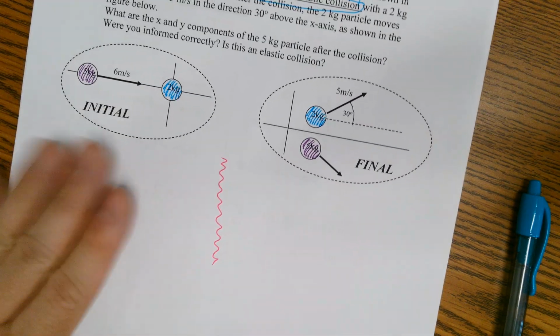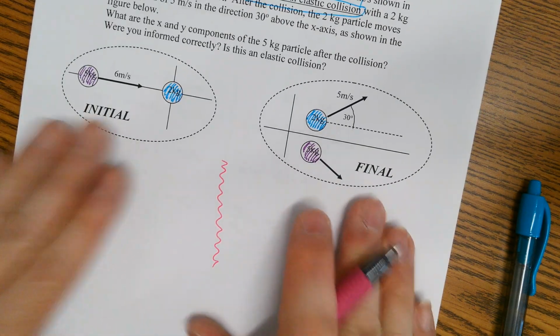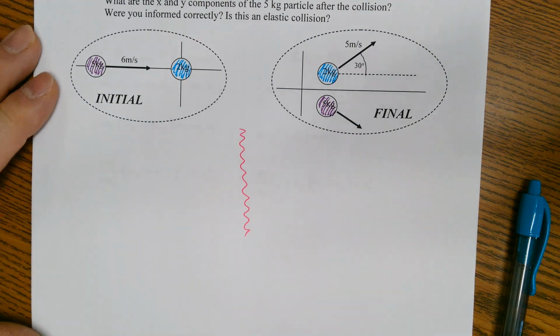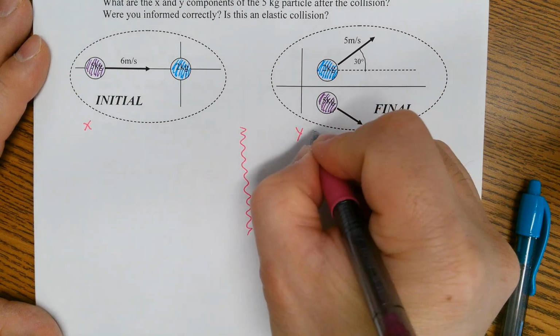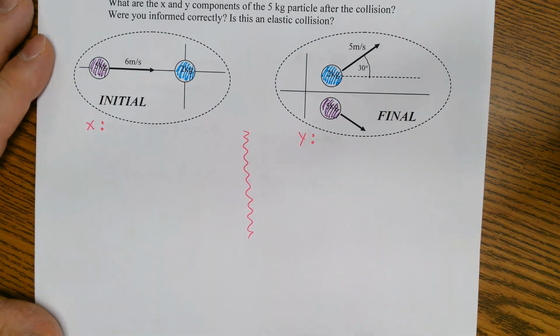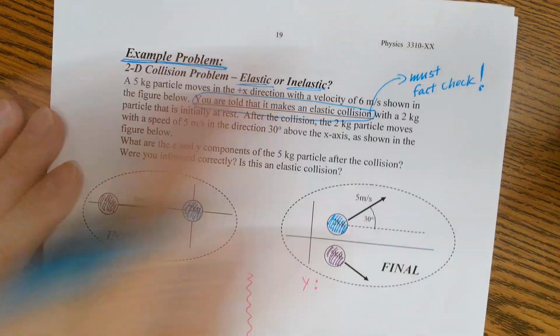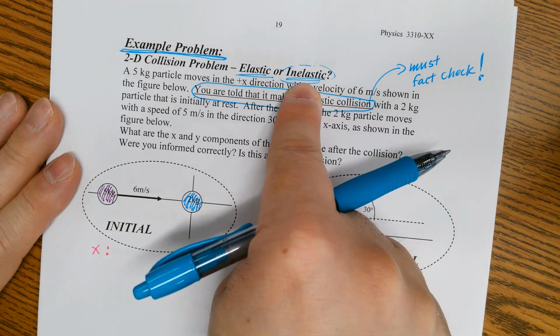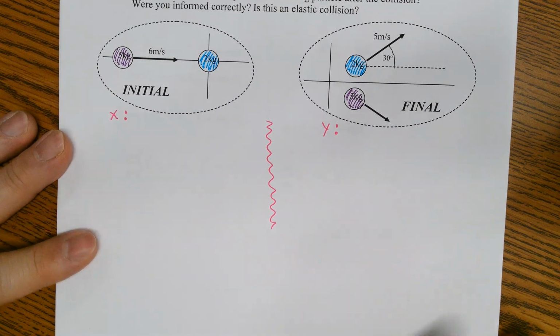One's going to be the x-axis, and the other one's going to be the y-axis. So let's take a look at x, and let's take a look at y. We're not going to assume either elastic or inelastic. We're not going to assume anything. We're just going to assume maybe inelastic first, and we're going to prove whether it's elastic or inelastic later, once we get the kinetic energies.